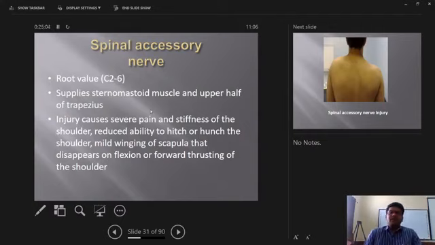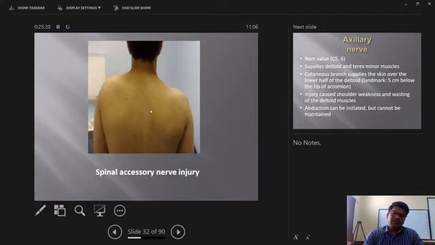There is mild winging of the scapula. In trapezius palsy there is a pseudo winging of the scapula that disappears on flexion, and there is a forward thrust of the shoulder. So in spinal accessory nerve injury the patient may not be able to shrug the shoulder.